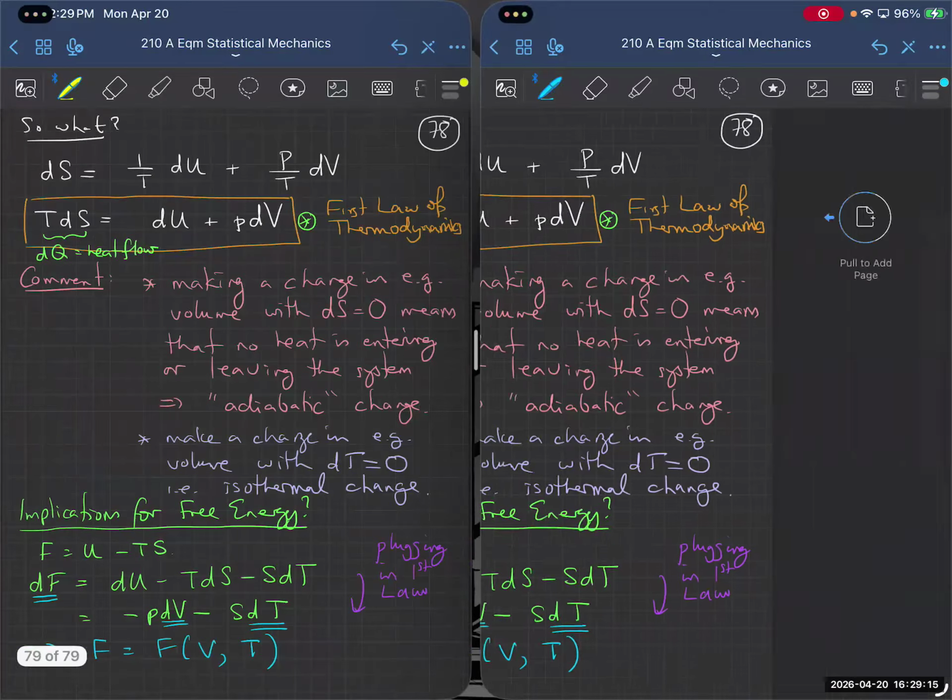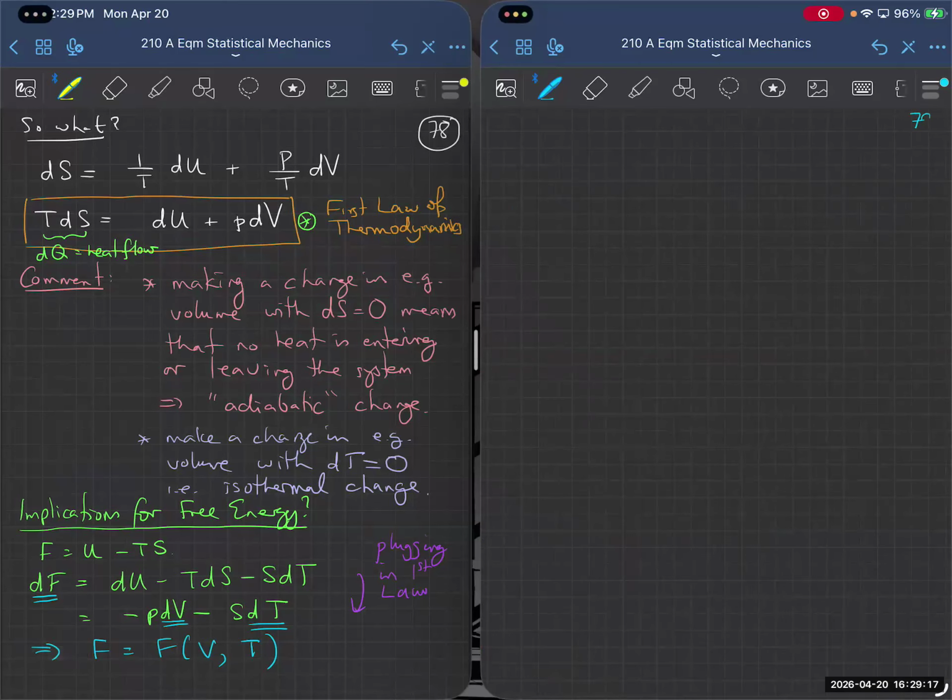And in particular, if I look at those derivatives, then I can read off the following: minus P is equal to dF by dV at constant temperature, and S is equal to minus dF by dT at constant volume.